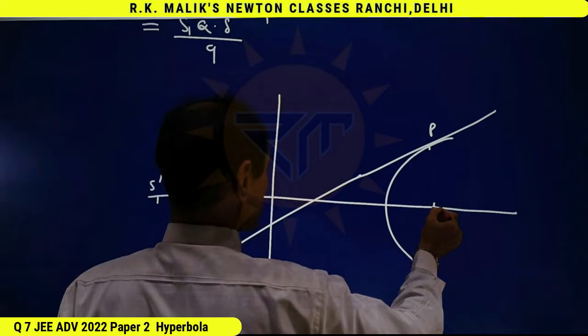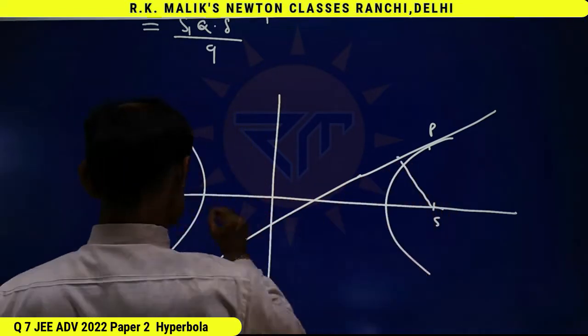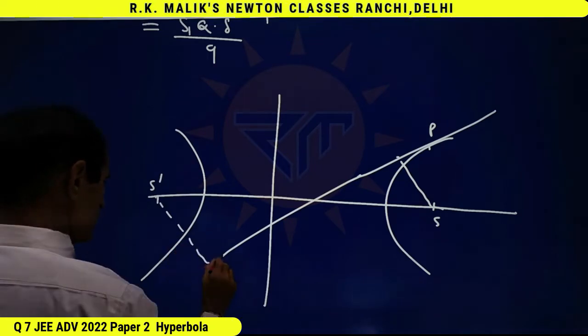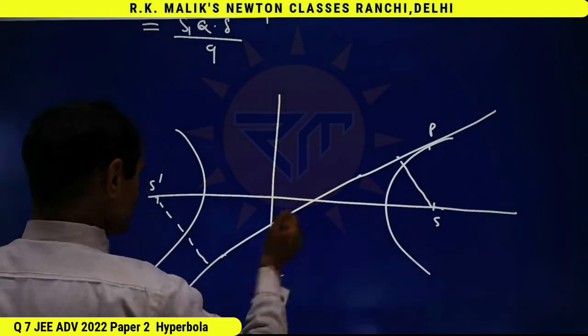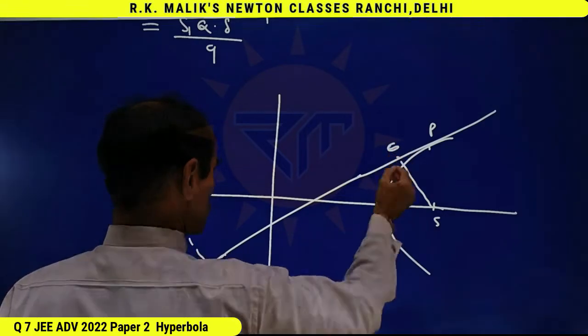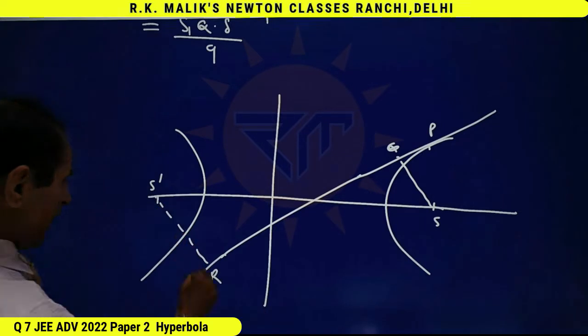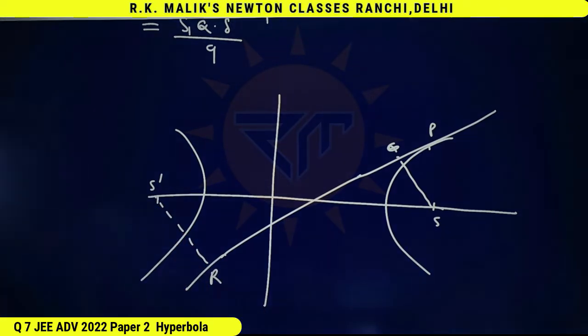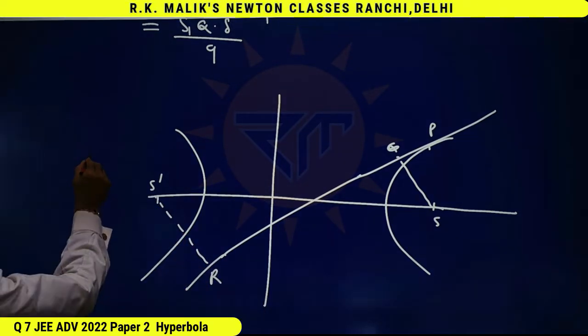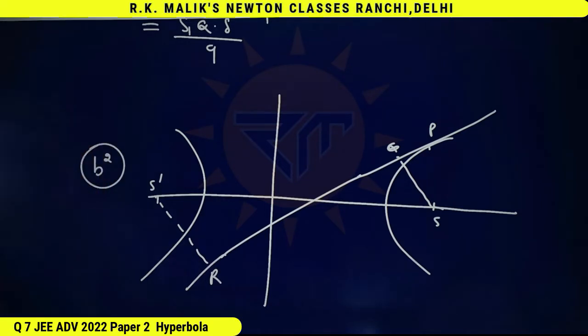Remember that product of length of perpendicular from both the foci, this length into this length, that is if this point is Q, this point is R, then SQ into S dash R product is always equal to B square.